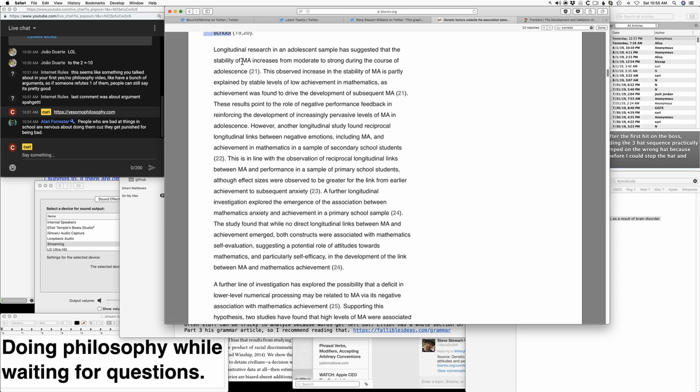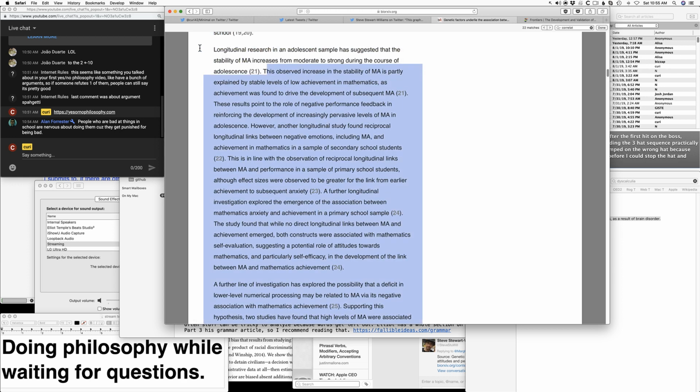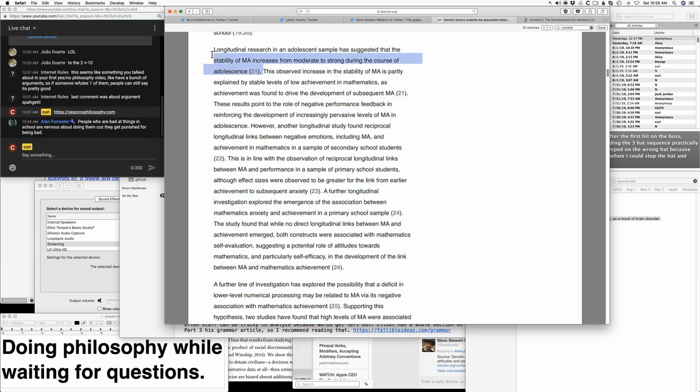So as people get older, they change less. Their traits become more stable. Yeah, we already knew that. Adults change less than children. It is partly explained by them staying bad at math. Yup.